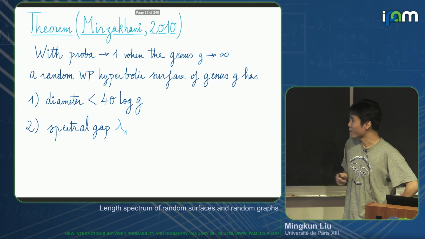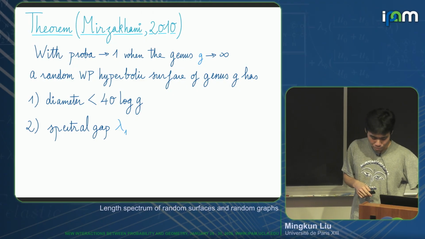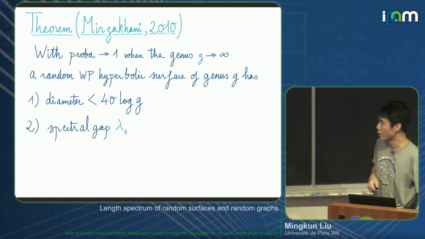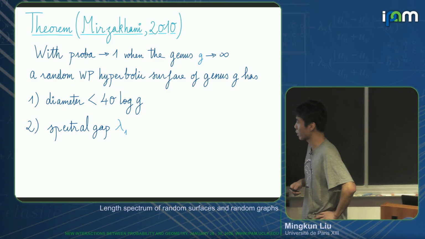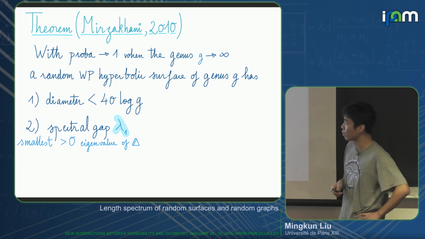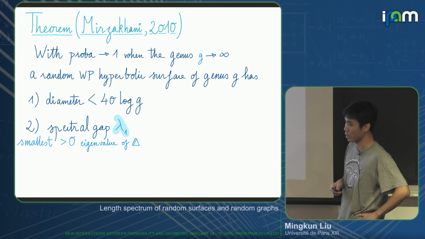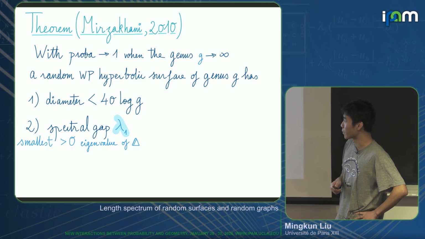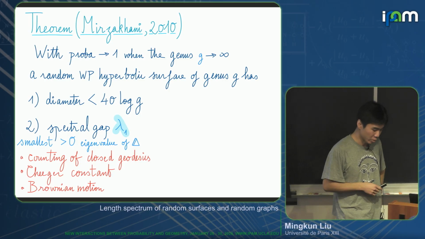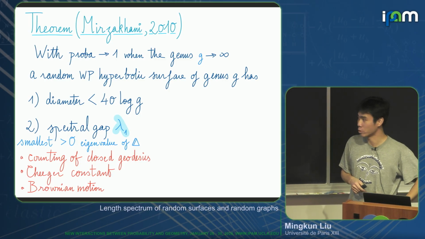On the other hand, Mirzakhani also managed to prove something about the spectrum of a random surface, and in particular the spectral gap. The spectral gap λ1 is just the smallest positive eigenvalue of the Laplace operator. I would say this is one of the most important numerical values that you can associate to a hyperbolic structure.